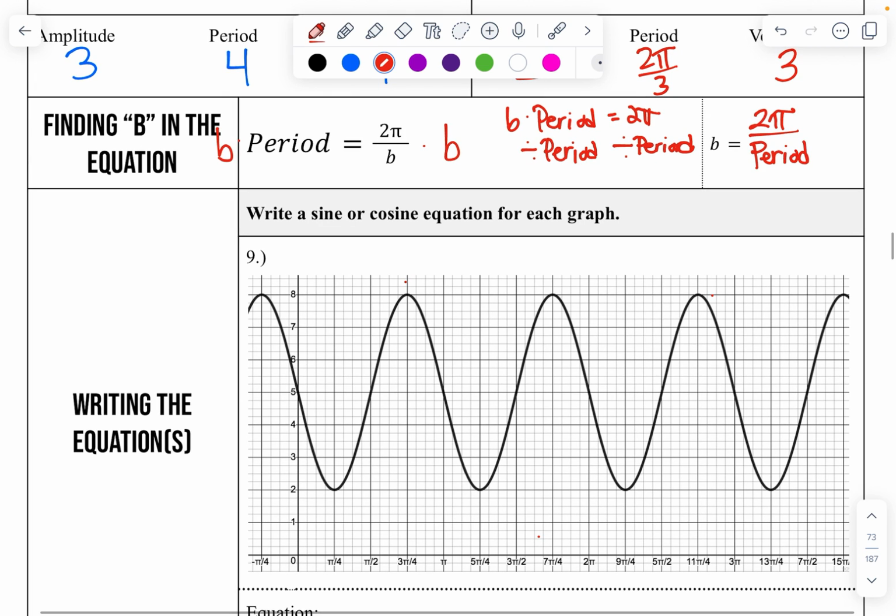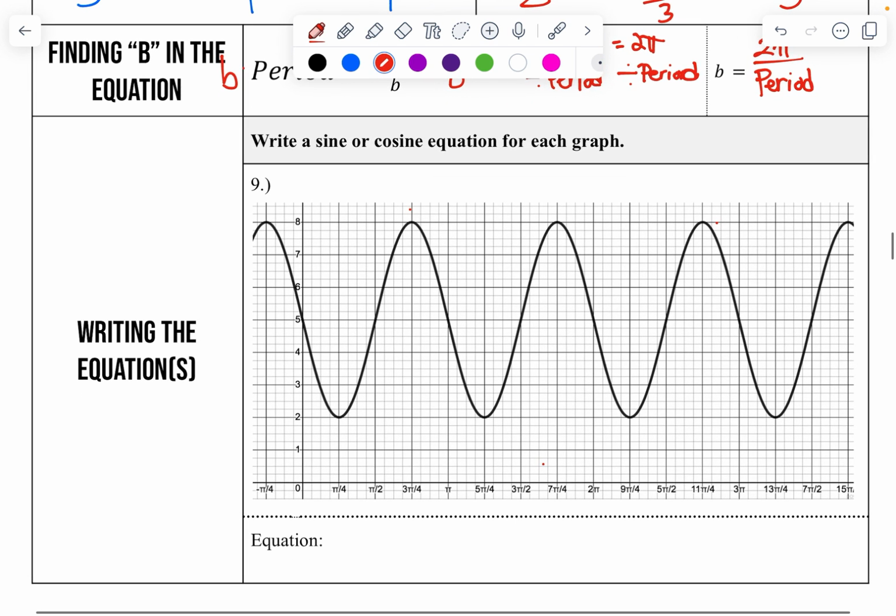We have to do the math to find that every single time we need to write an equation because, again, it's the b value that goes into the equation, not the period. So if we take a look at this next example, let's start by drawing in that midline.